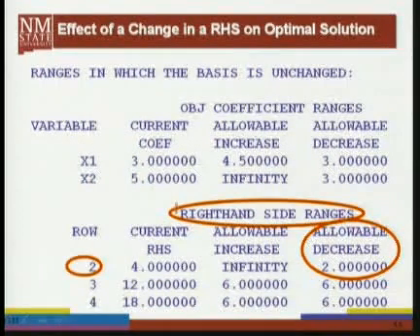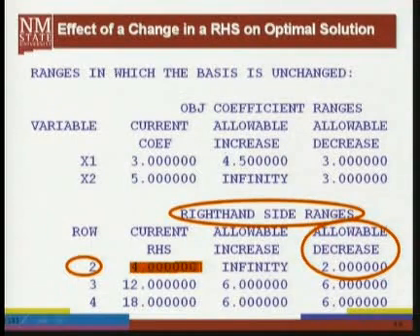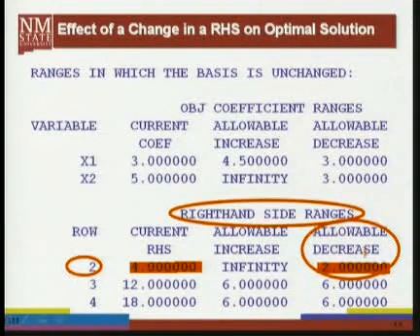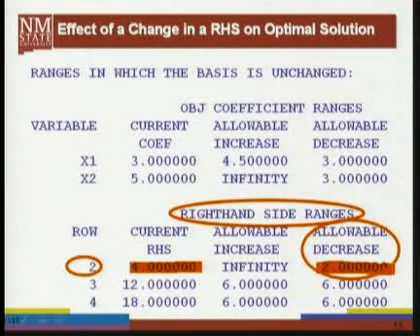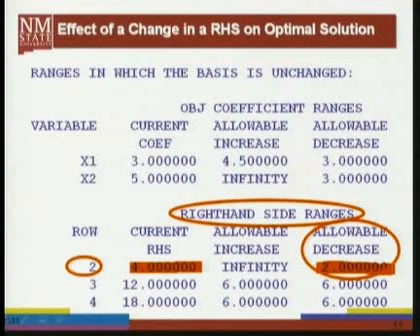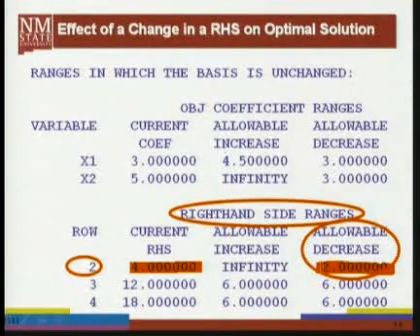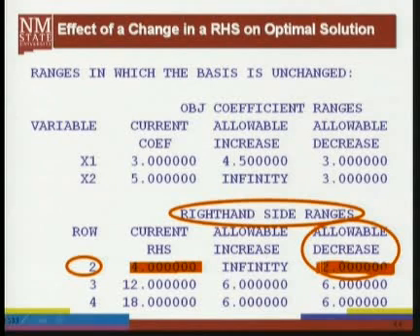And currently, the B1 is 4 here, right? Here, the value 2 from the allowable decrease means the B1 value can be decreased by this amount without causing an infeasibility of the current optimal solution. Is that right? So if B1 becomes less than the current value 4 minus 2, the allowable decrease limit, which becomes 2, if B1 becomes less than 2, then the current optimal point becomes an infeasible point. Okay?